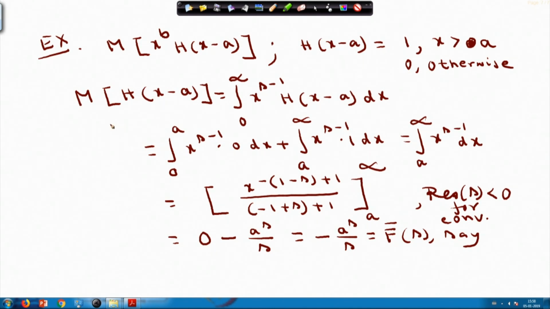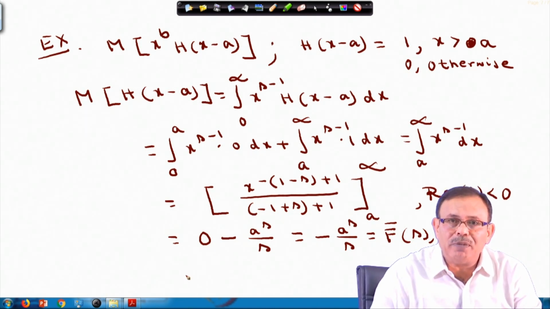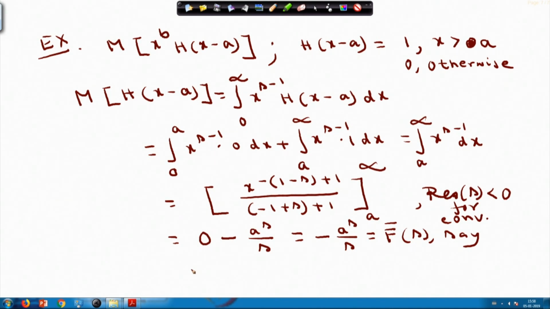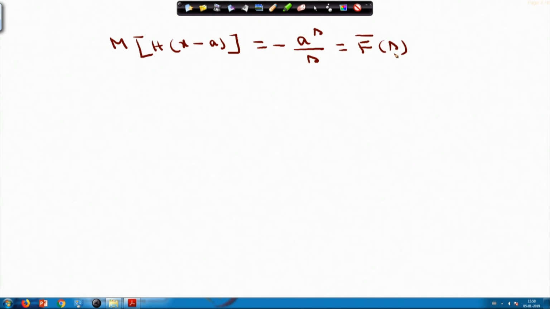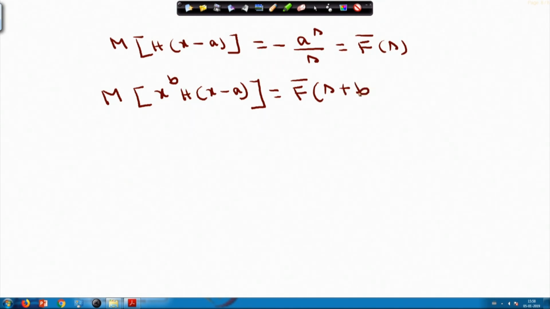So, for doing one problem, we also evaluated the Mellin transform of the Heaviside function, and we are getting minus a to the power s by s, which we assume equals f bar s. Therefore, once I have this property, that the Mellin transform of H of x minus a equals minus a to the power s by s, which is f bar s, then the Mellin transform of x to the power b H of x minus a we can directly write down as f bar of s plus b.